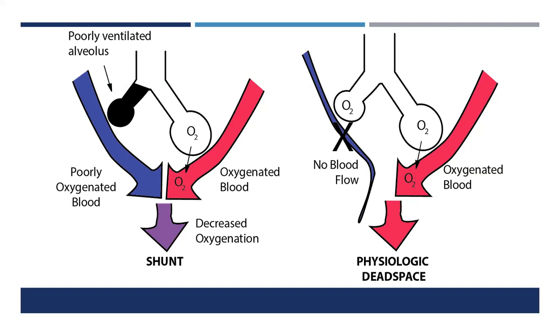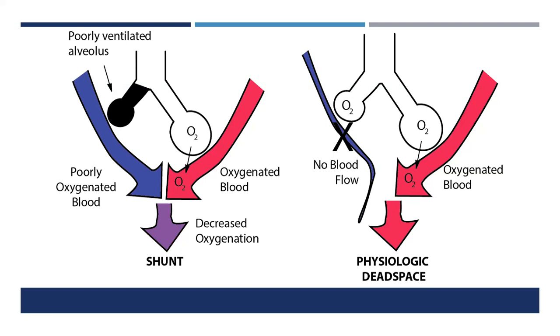Now, the other way this can happen is if we have physiologic dead space. So what this means is no blood flow. Notice our oxygen levels have been cut in half because in one of these alveoli, we're ventilating well, but we're not perfusing because we don't have the blood flow picking up the red blood cell, giving it oxygen to be able to take to the rest of the body.